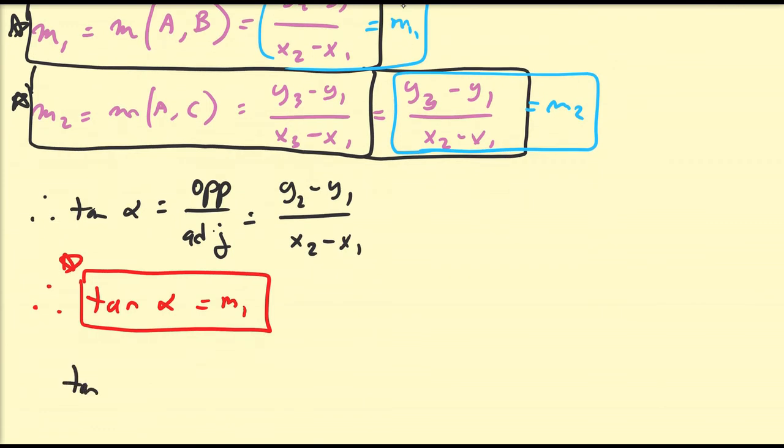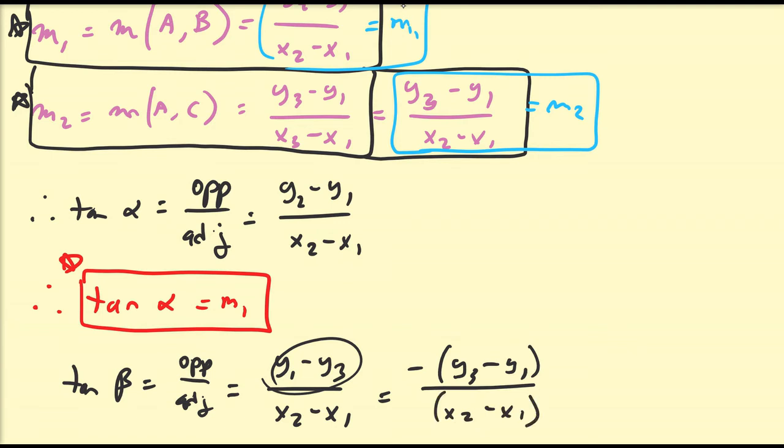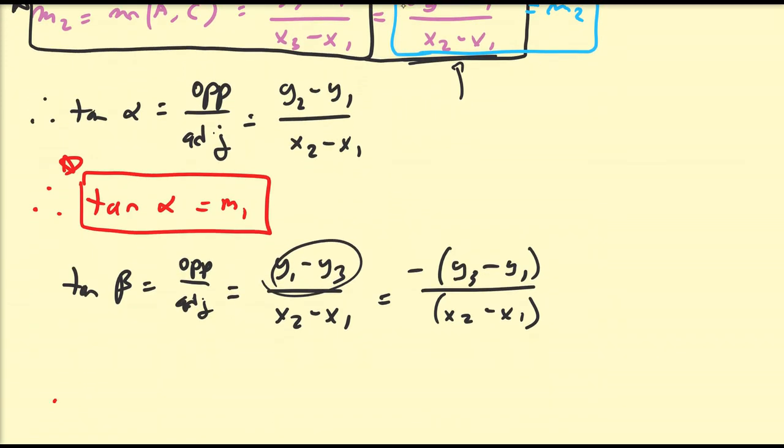Tangent of beta, which again is opposite over adjacent, is equal to y1 minus y3 all over x2 minus x1. Now we can factor out a negative sign out of the top part of this fraction and rewrite this instead as negative y3 minus y1 all over x2 minus x1. And of course that is the same as m2, except it's the negative of it. So therefore, we can say that tangent of beta is equal to negative m2.